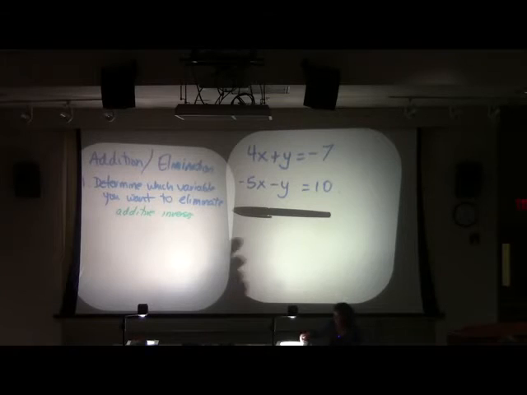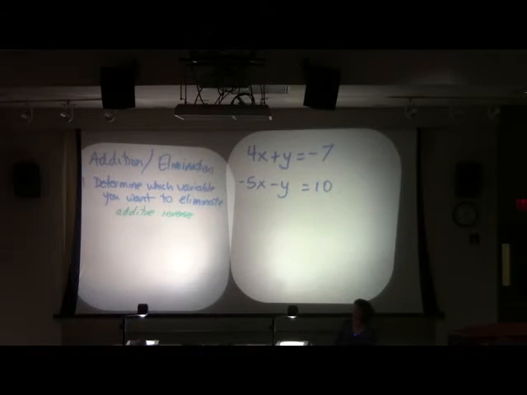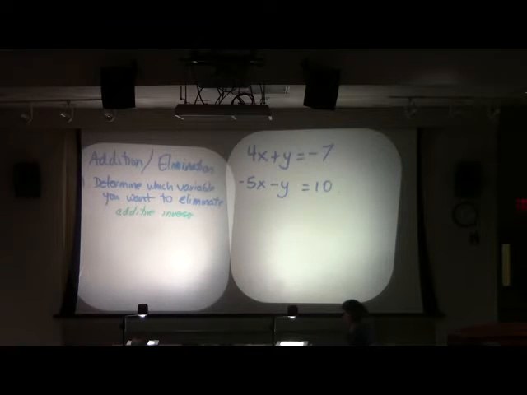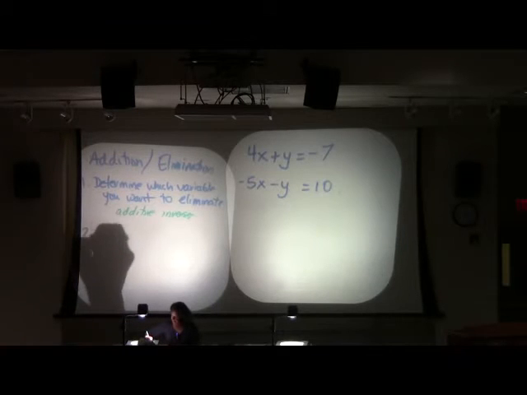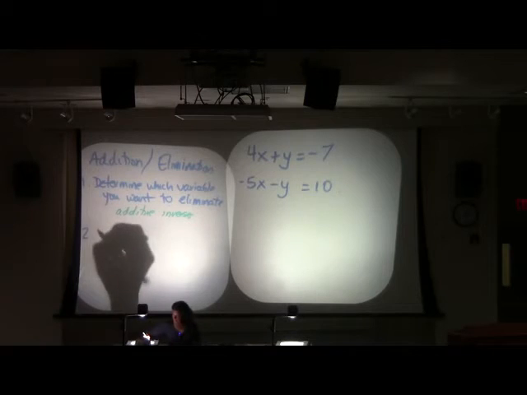The thing is, I already have additive inverses with my y's, don't I? You see how I have a +1 and a -1? Okay? So, what you want is additive inverses because in the next step, you're going to add your equations together. Okay?